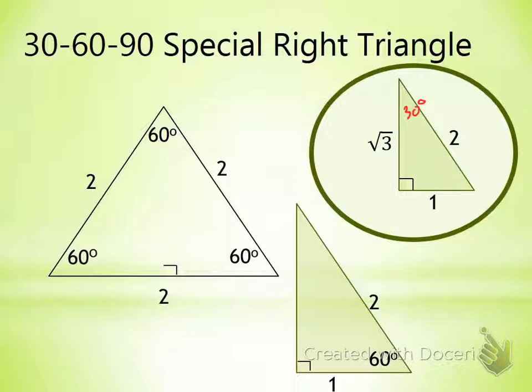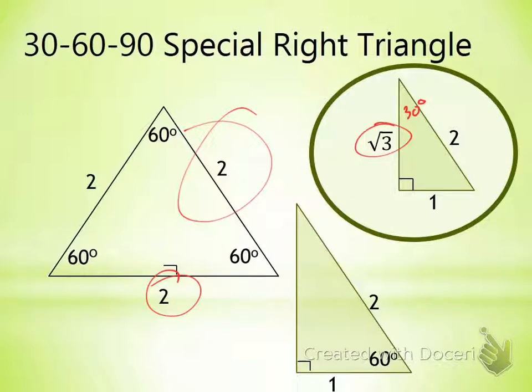But because we're pulling this from an equilateral triangle of side 2, our hypotenuse is 2, and we're taking half of that, so that's where our short leg is 1. Anyway, within a 30-60-90 the hypotenuse is twice as long, and we use radical 3 in 30-60-90 because there are three different angle measures, 30, 60, and 90.